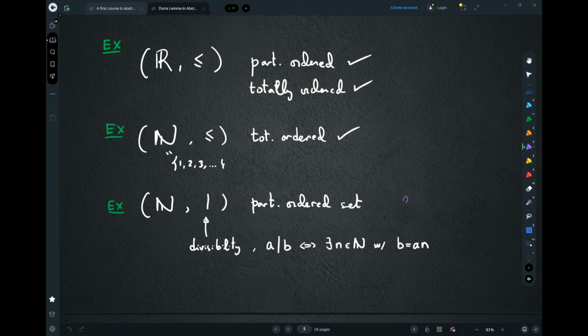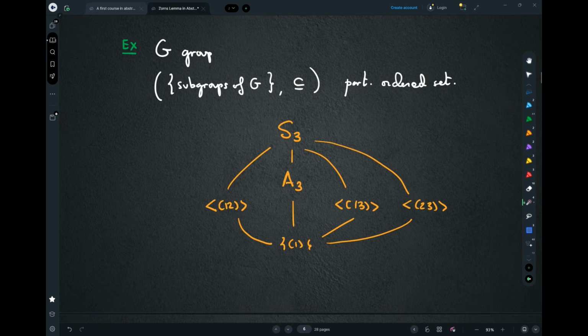For example, 2 does not divide 3, and 3 does not divide 2. So neither 2 is related to 3 nor 3 is related to 2. So it is a partial ordering. Not everything is related, but we do have an ordering that is reflexive, antisymmetric, and transitive.